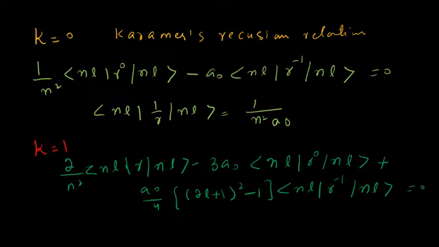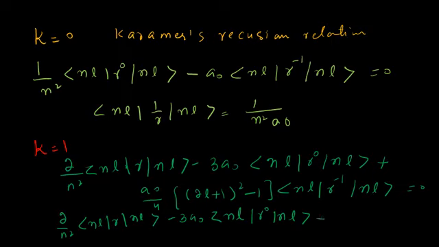Now we can simplify it, and it involves 1 over n square a naught.